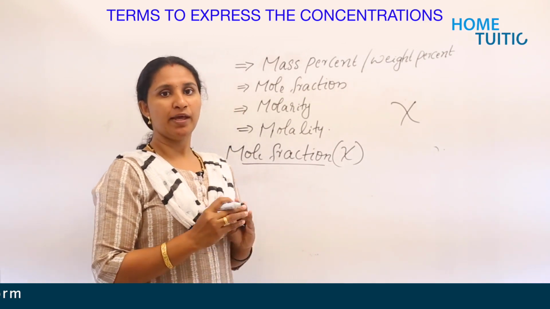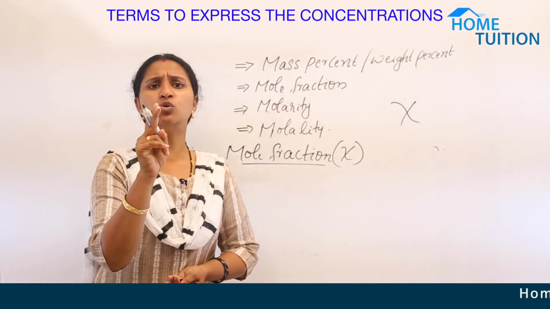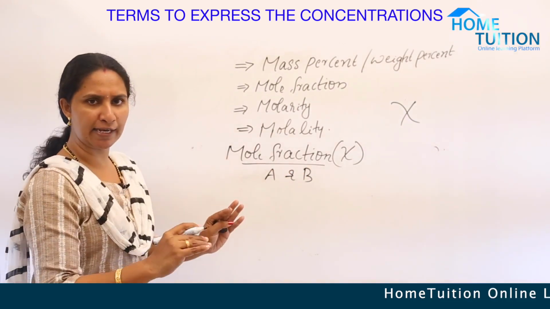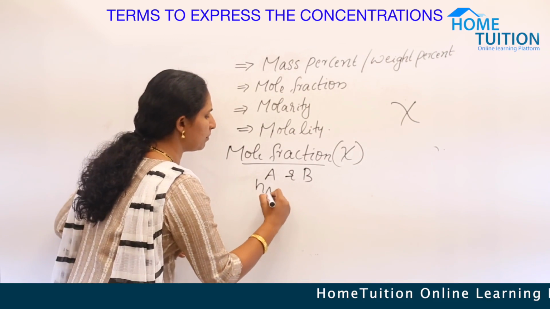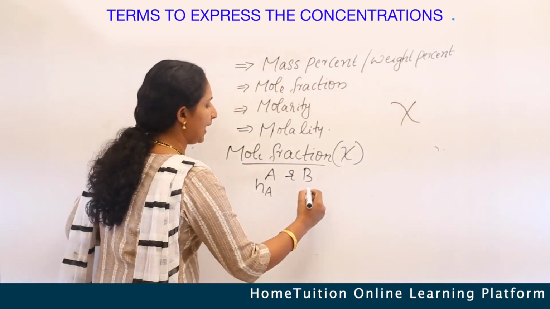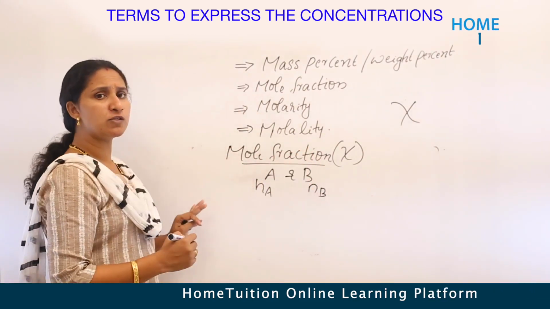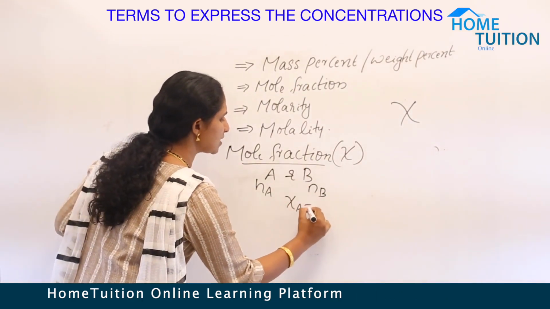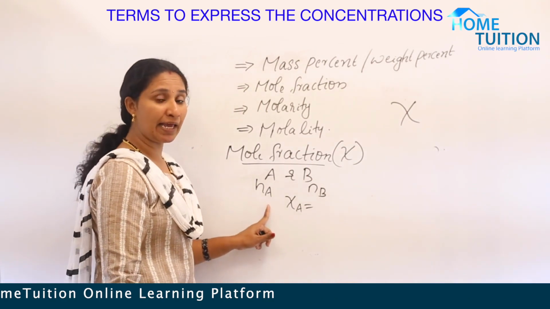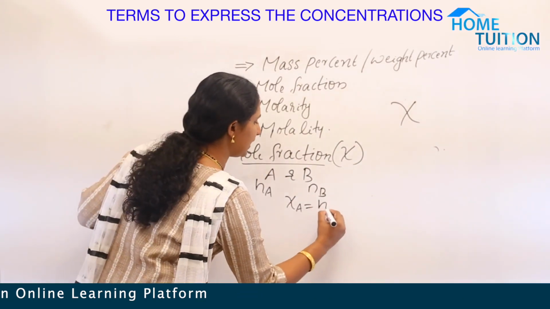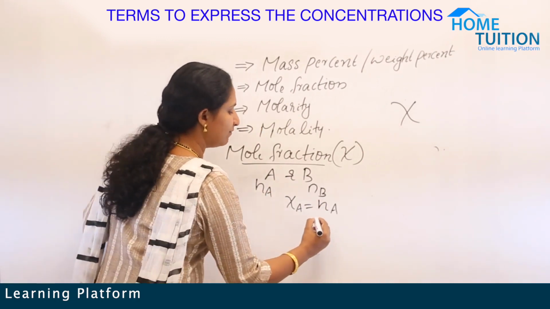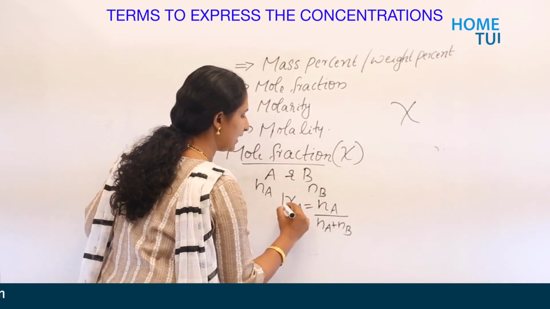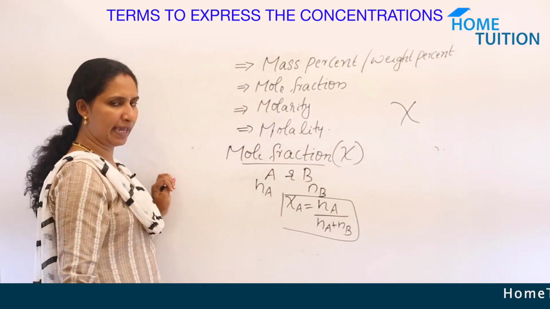For example, we have a solution containing 2 components, A and B. Na be the number of moles of A and Nb be the number of moles of B. If we want to find chi A, chi A equal to Na, number of moles of A, divided by total number of moles in that solution, Na plus Nb.